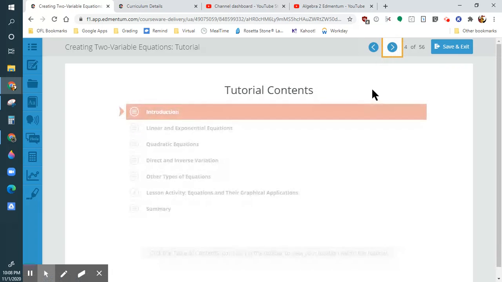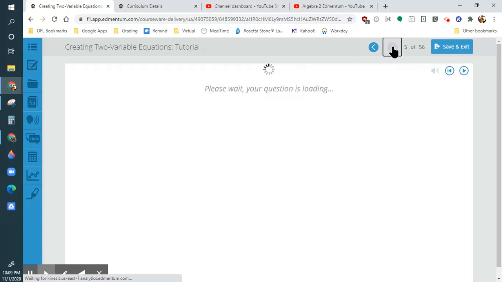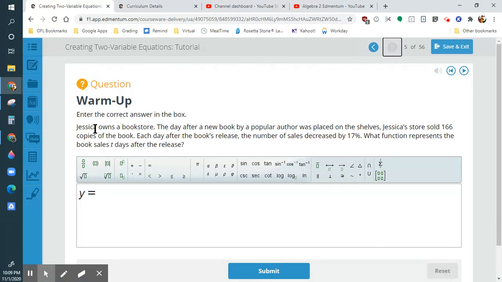We're going to be talking about several types of functions: linear and exponential functions, as well as quadratic, direct and inverse relations, types of equations. So there are quite a bit of equations. The reason for the length of this is literally just because of how many topics there are in this one. So let's get started with this.